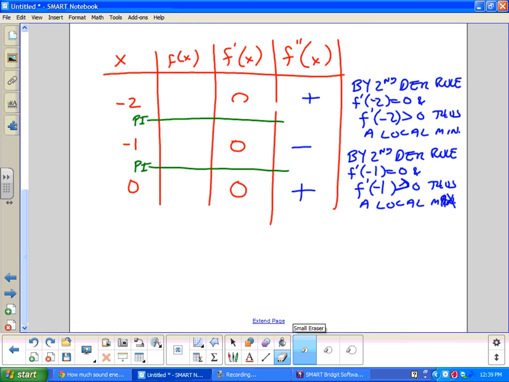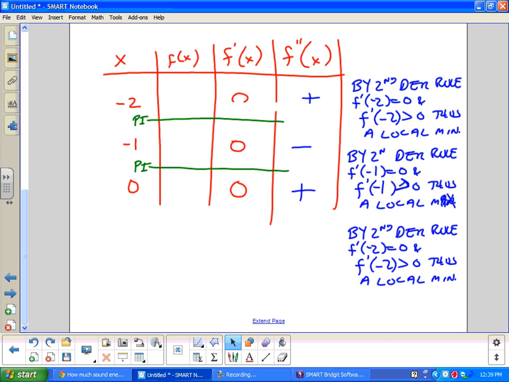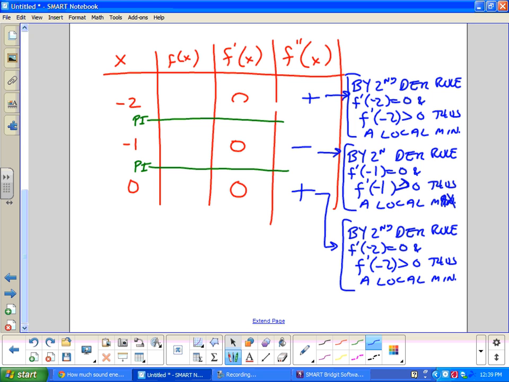And likewise, the last reason. So again, this goes with this one, this goes with this one, and this is going to go with this one when I correct some English in it. And instead of checking -2, I'm checking 0, and it is greater than 0, so it's still a local min.